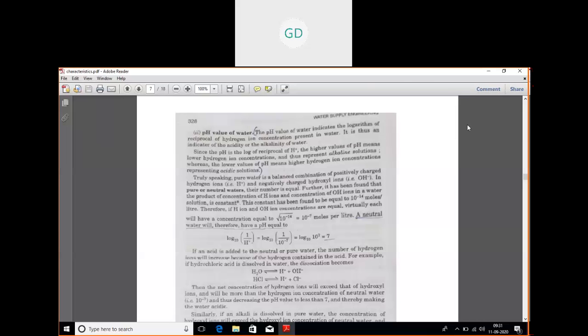The definition is: the pH value of water indicates the logarithm of the reciprocal of the hydrogen ion concentration present in water. That means there is a certain formula for pH. Let us see.